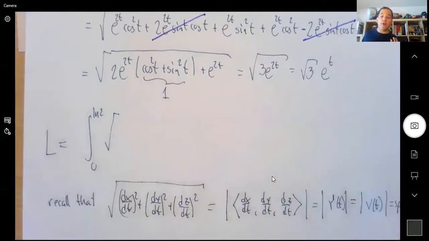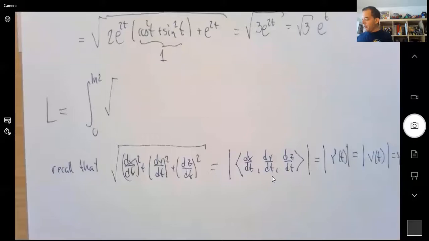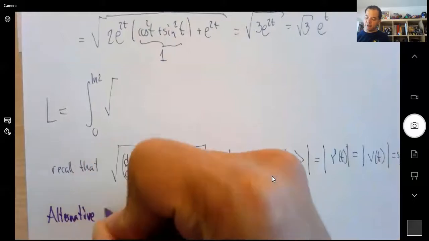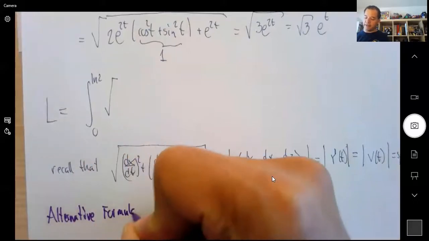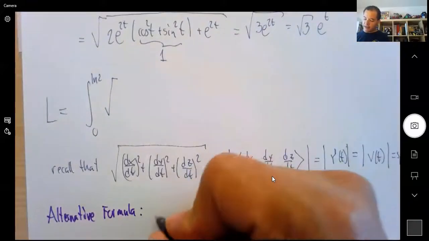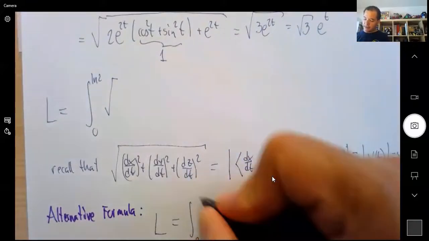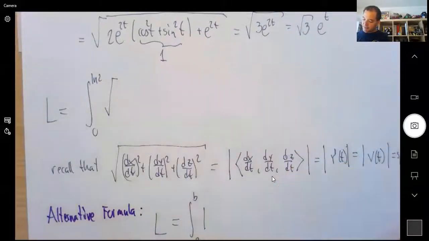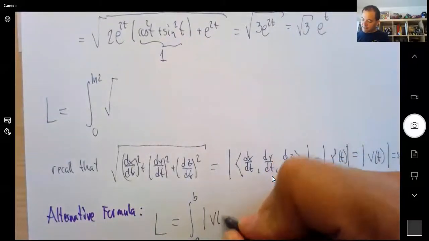Okay, so that's a different way of doing these arc length formulas. It's the same one, but just using different names. The alternative formula is that the arc length from A to B is the integral of the magnitude of the velocity.